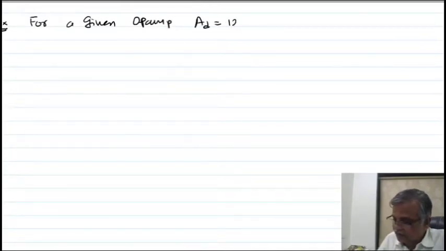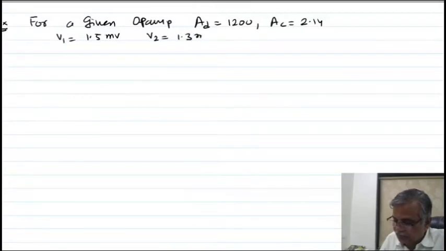For a given op-amp, differential gain is 1200, common mode gain is 2.14, V1 you are giving 1.5 millivolt, V2 you are giving 1.3 millivolt. Find the output.